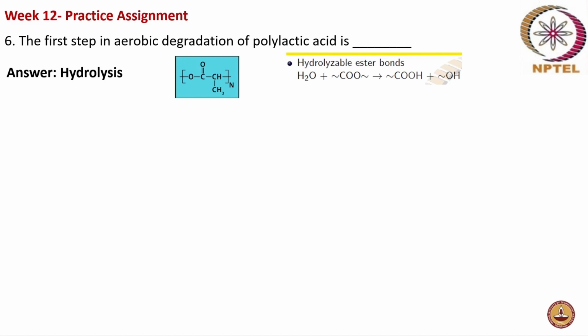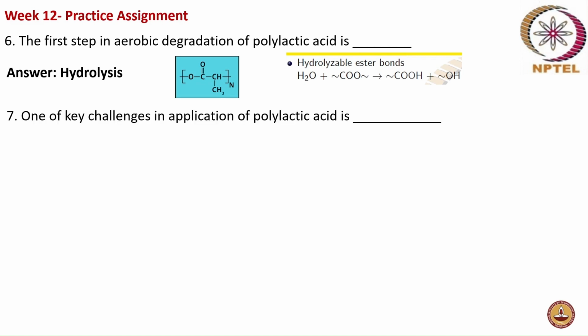So, polylactic acid has these ester bonds. You could see the CO bonds. So, addition of water helps in hydrolysis, and you end up forming acid and alcohol. So, this is the first step in the aerobic degradation of polylactic acid. Hydrolysis is the first step, breaking down the ester bonds into acid and alcohol.